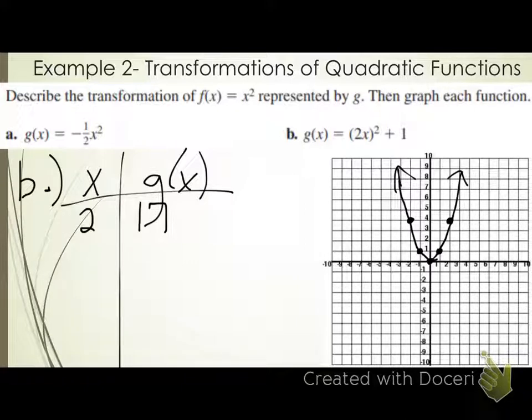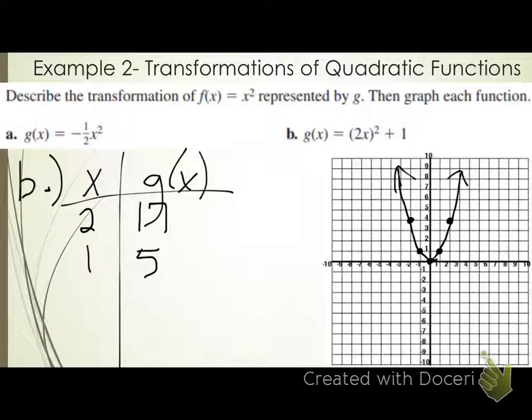Wow. 2 comma 17. My graph's just not big enough to do that right now. So let's pick another value to plug in. 1. 2 times 1? 2. 2 squared? 4. 4 plus 1? 5. We can do that.